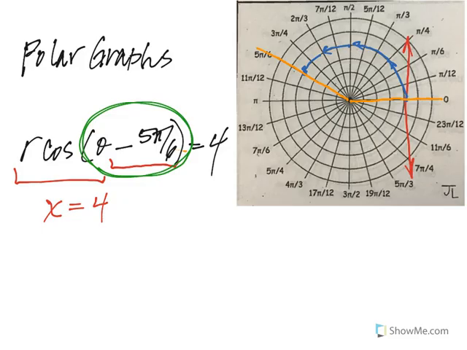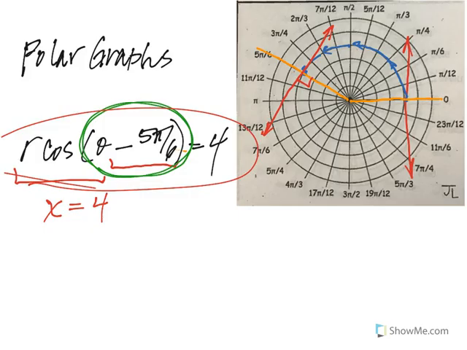Right, so as I turn the wheel, the red line will then appear right like that. That's supposed to be perpendicular, pretty close. Anyway, so this second red line that I drew is now my answer. That is the graph of r cosine of theta minus 5 pi over 6 is equal to 4.